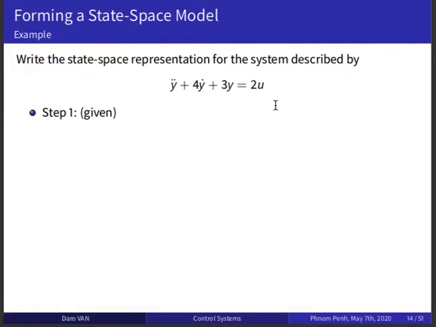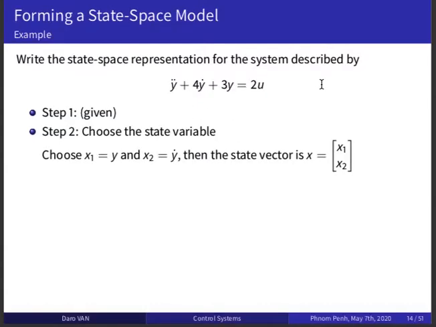The first step is given: you have the equation of motion, the dynamic system already. Then we need to choose the state variables. I will choose y, the displacement, and its velocity. So x1 equals y and x2 equals y dot. Then this is the state vector, x equals x1 and x2, basically y and y dot.